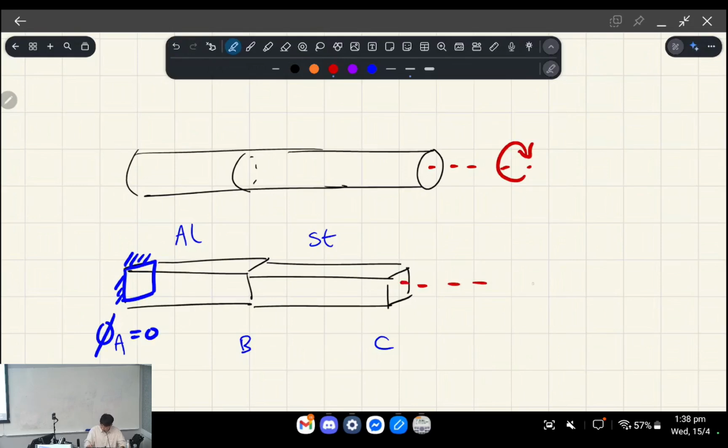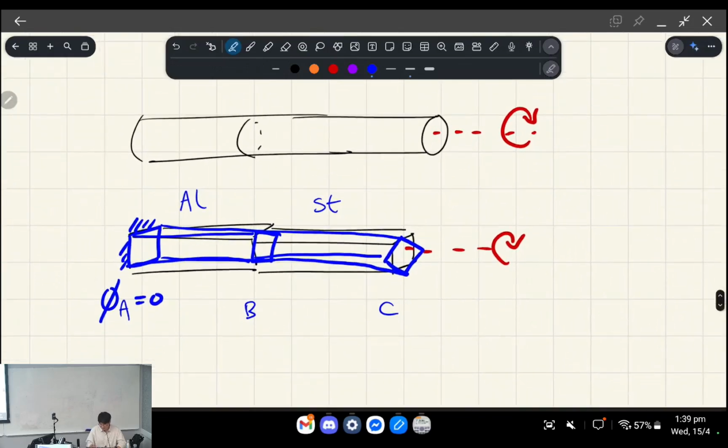At B, it might rotate this much, and at C, I'm just going to exaggerate it, it might rotate this much. Drawing the lines that connect it, do you see how it twists more and more from A to B and then B to C?